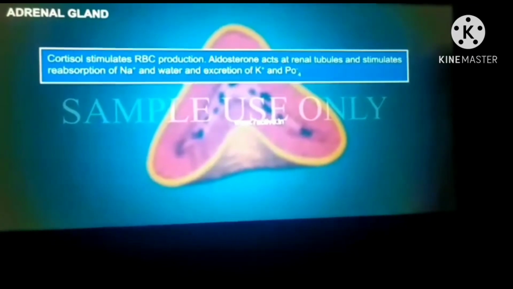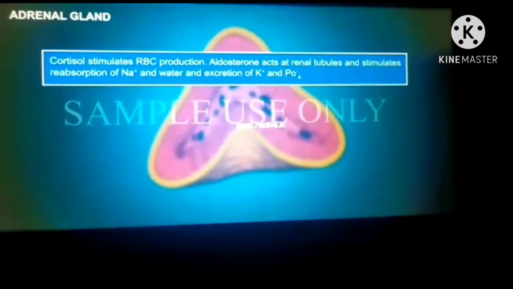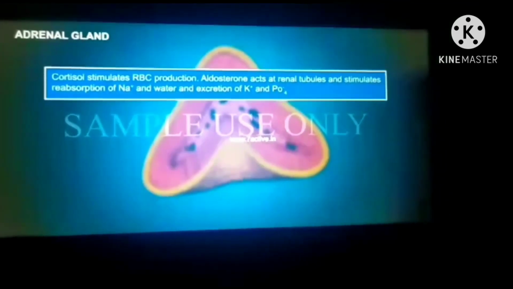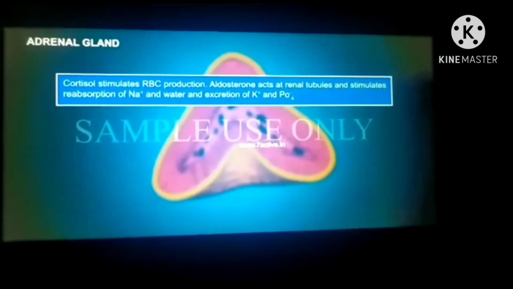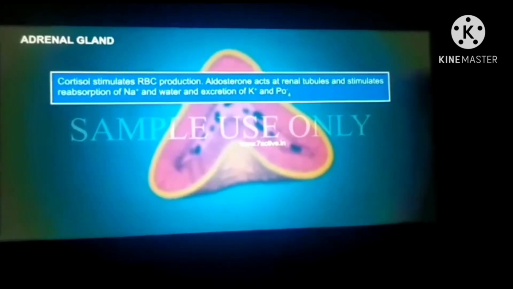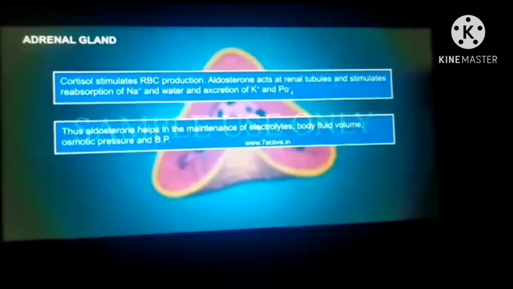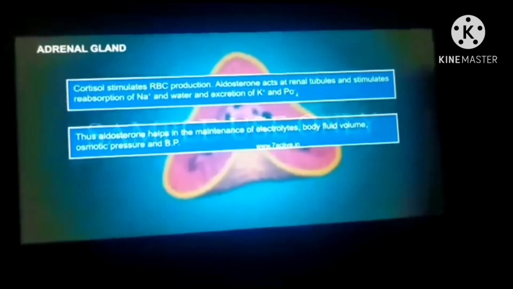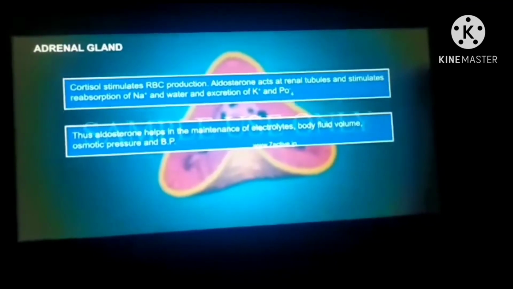Cortisol stimulates RBC production. Aldosterone acts on the renal tubule and stimulates reabsorption of sodium and water and excretion of potassium and phosphate. Thus, aldosterone helps the maintenance of electrolytes, body fluid volume, osmotic pressure, and BP.